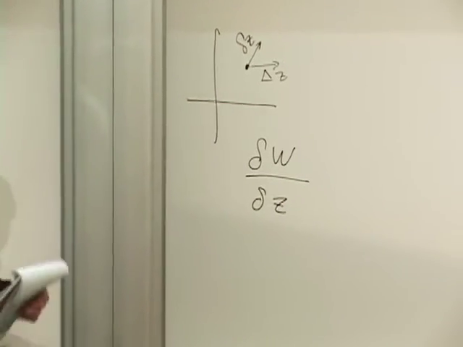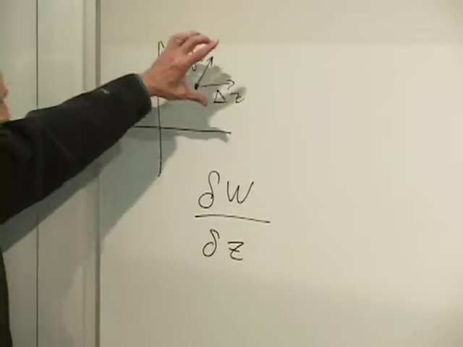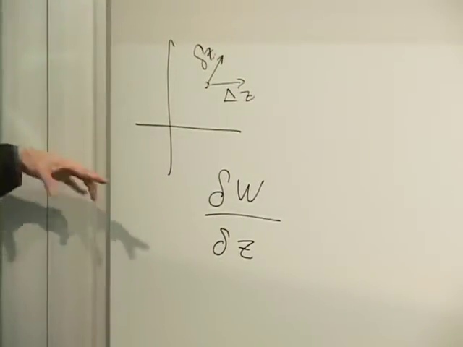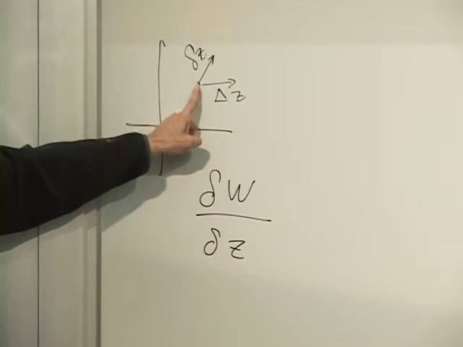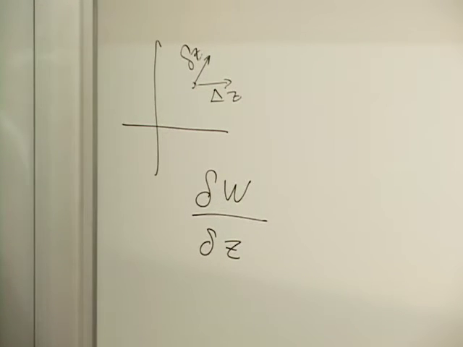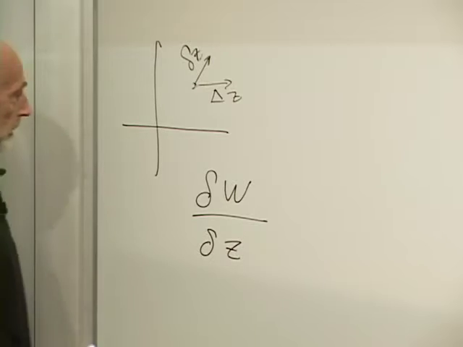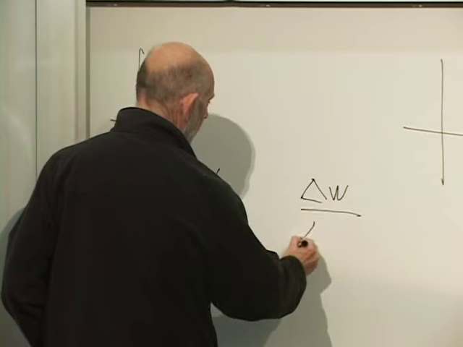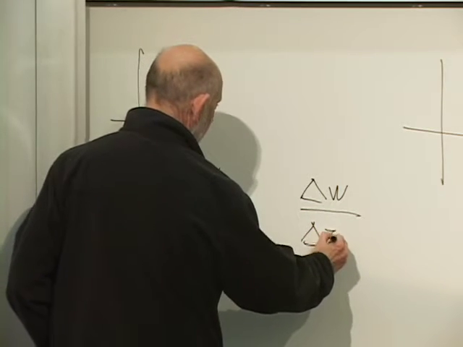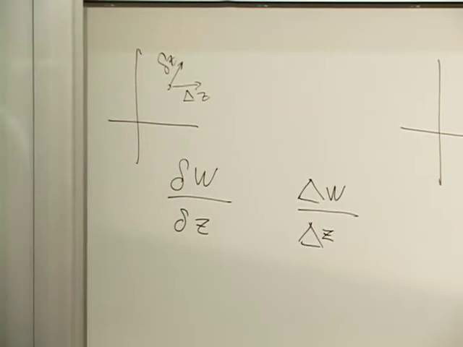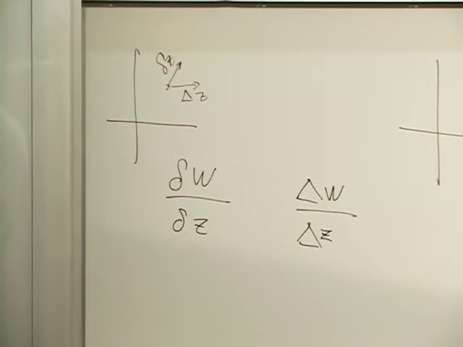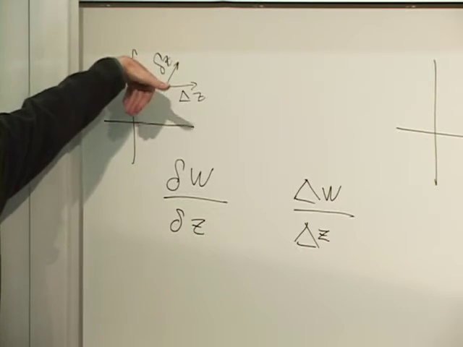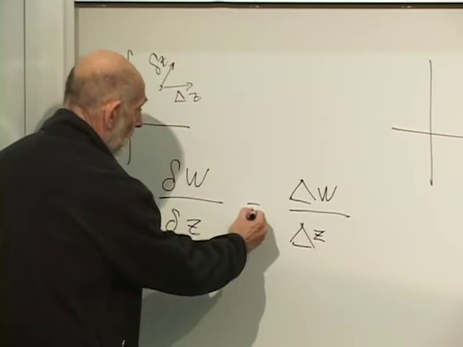That's the derivative if I come in, delta w divided by delta z. But supposing I come along this direction here, then what is the derivative? Big delta w over big delta z. Now, if w is really an analytic function, it means that this ratio doesn't depend on which direction you come in along. So it says that these two are equal.